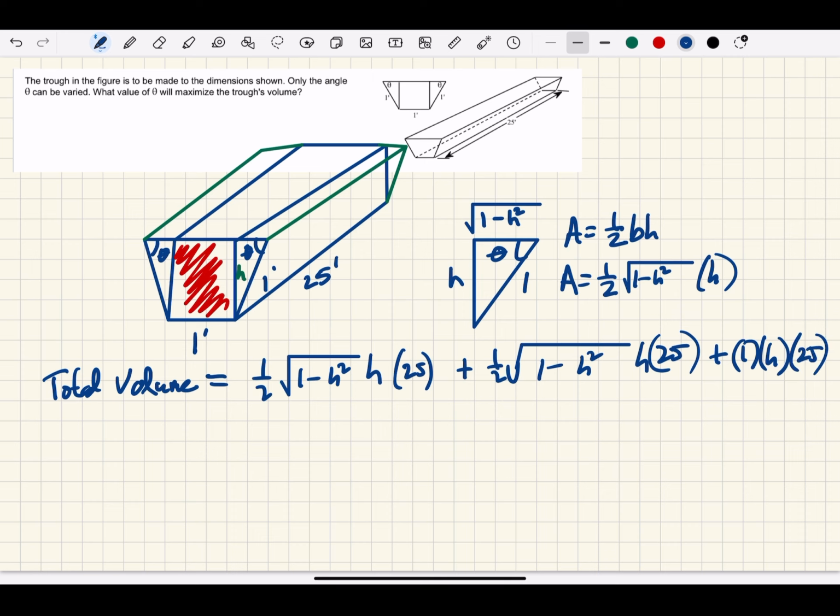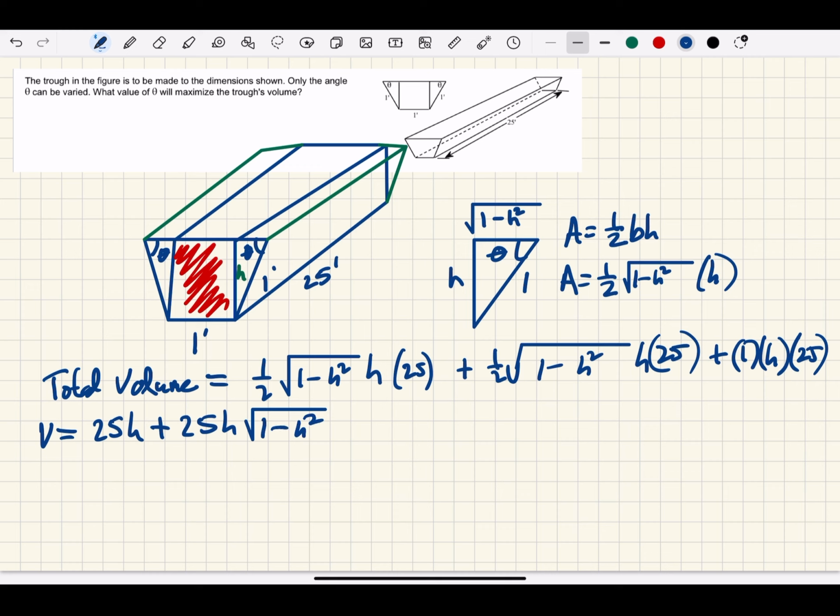Now we could simplify this. Volume equals, this last term we might write first, 25h. Adding the other 2 terms together, the 1/2 would go away. And rearranging the factors a little bit, we would have 25h times the square root of 1 minus h squared.